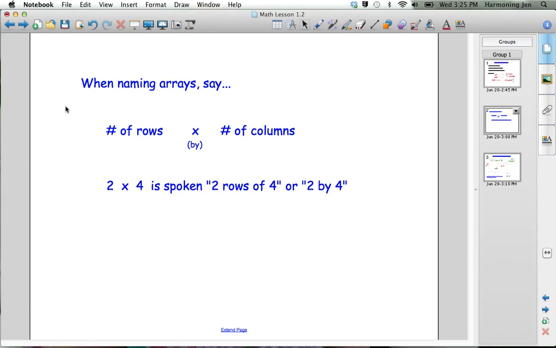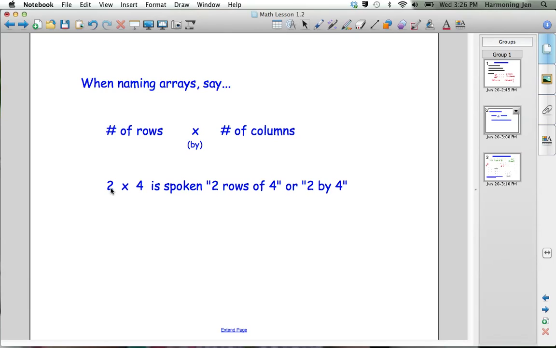When you're naming an array, you always say the number of rows by the number of columns. So your first number is going to be the number of rows. And then we use a multiplication symbol. When we say it, we say the word by. And then the second number is always the number of columns.